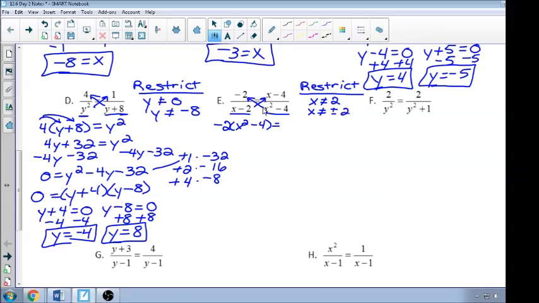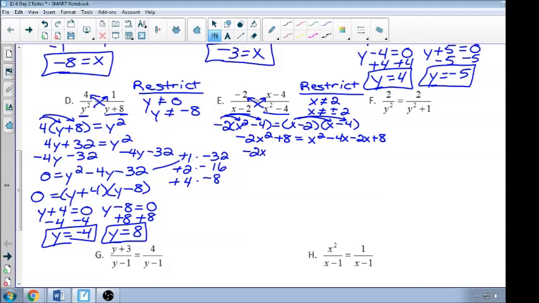So I have negative 2 times x squared minus 4, and I have x minus 2 times x minus 4. What I have to do at this point is go ahead and distribute. So it would be negative 2x squared plus 8 equals, distribute. This would be x squared minus 4x minus 2x plus 8.